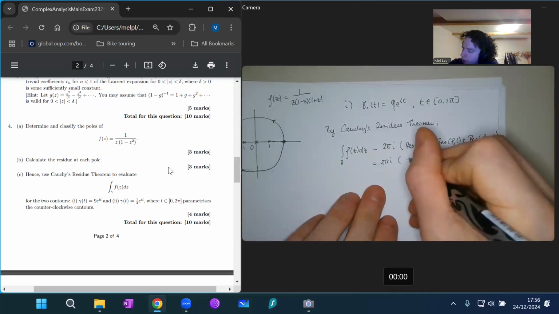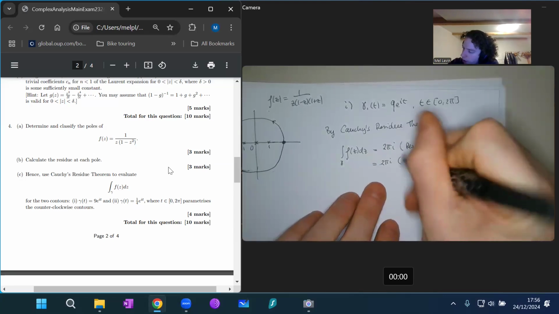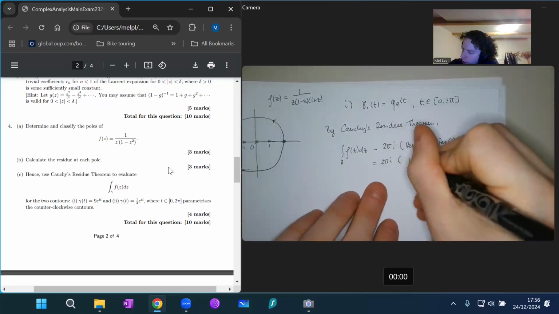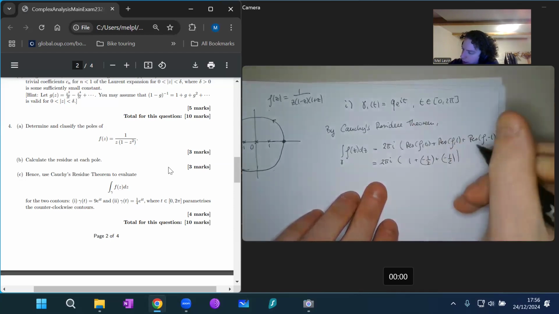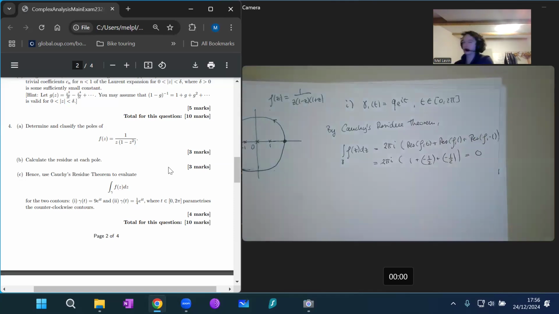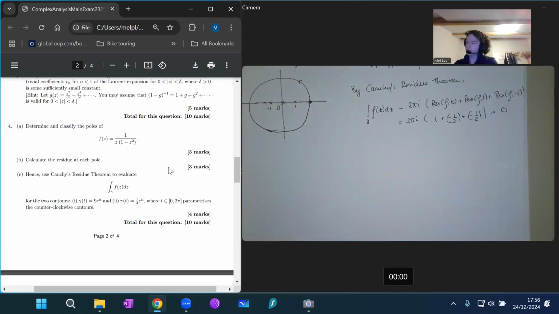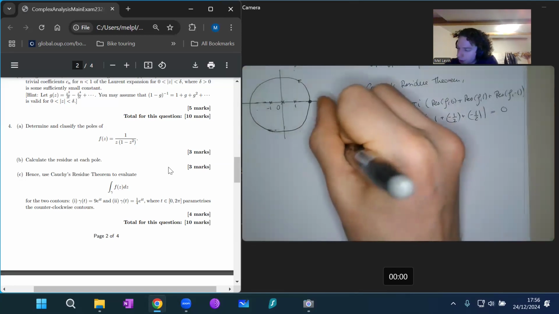The residue at 0 was 1, and at 1 and -1 it was -1/2. So we're going to get 0 in this case.